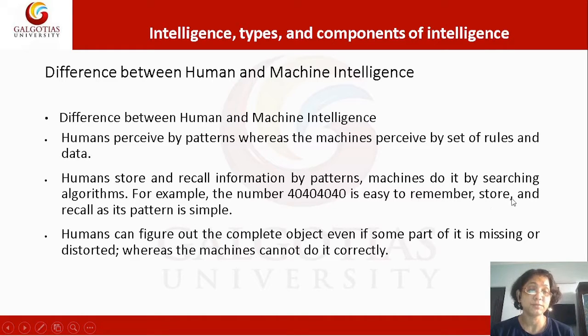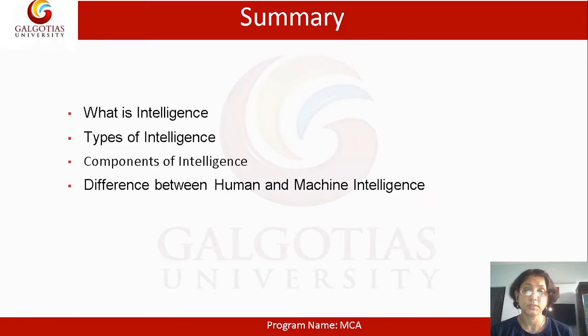It will be easy to store and to record also. And humans can figure out complete objects even if some part of it is missing, but a machine cannot. It has to have complete data, and data is what the machine requires nowadays.